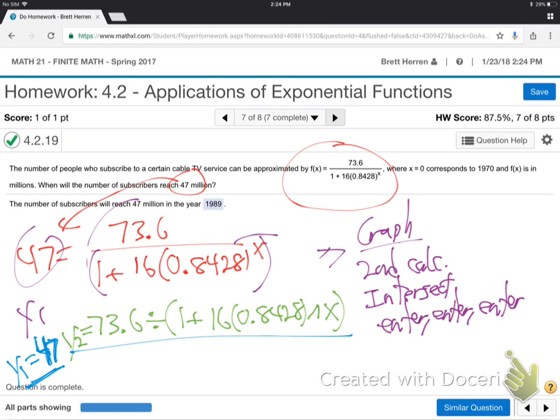Oh, he's at 47, and the other one's in the 60s. Well, that's not crazy or anything. What's my window? So it looks like my Y values need to cover 40s and 60s, right? See how the table tells me where the Y values are? So go back to window now. Oh, what's the problem with my Y? Y values need to be 40s and 60s.